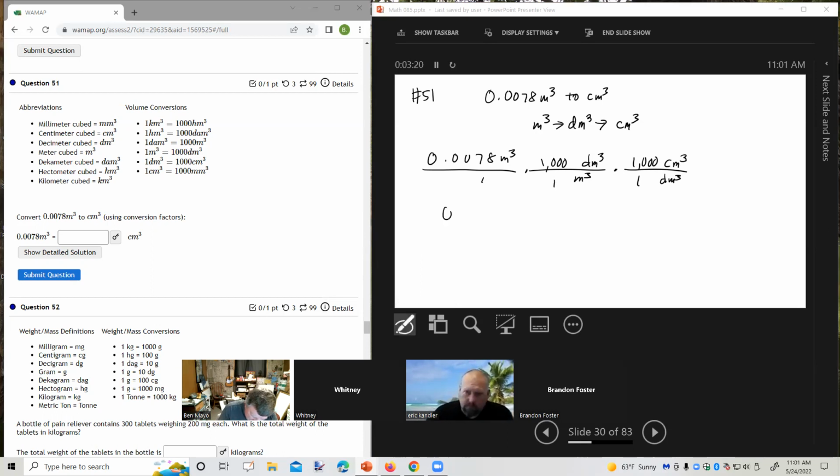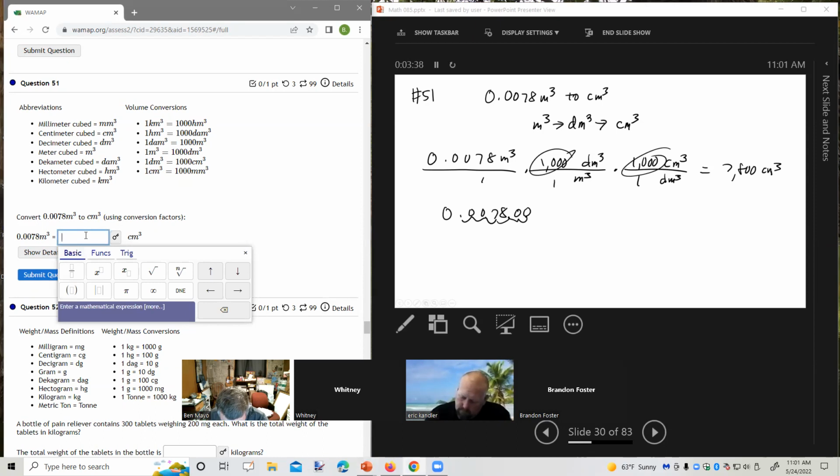Multiplying by 1,000, I would move the decimal point over 3 places. So 1, 2, 3, and then another one, 1, 2, 3, 7,800, because I moved it over 3 places for this one and for that one. So 7,800.